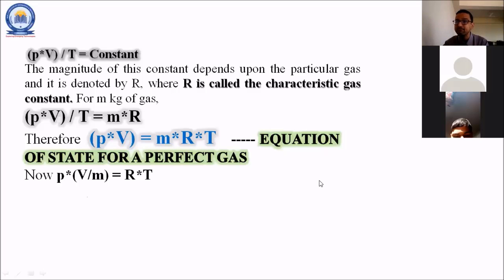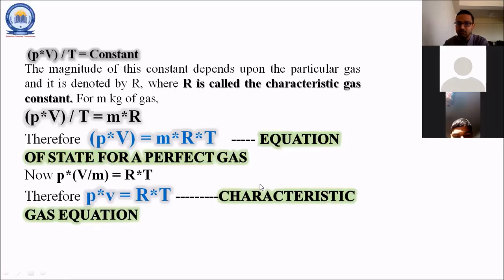So I am dividing the mass in context of the volume. So now if we are dividing the volume by the mass, then we are getting a new term, that is small v. And this small v represents the specific volume. So the unit of the specific volume will be meter cube per kg.